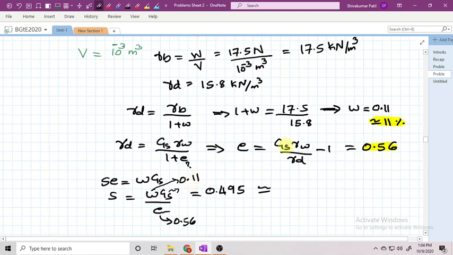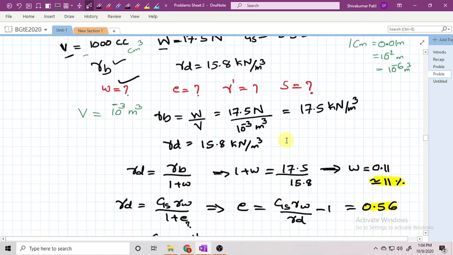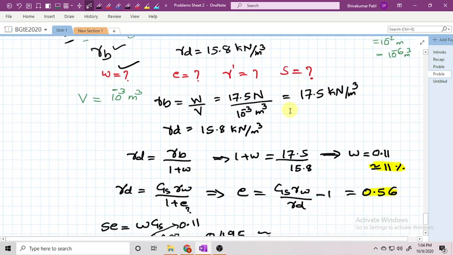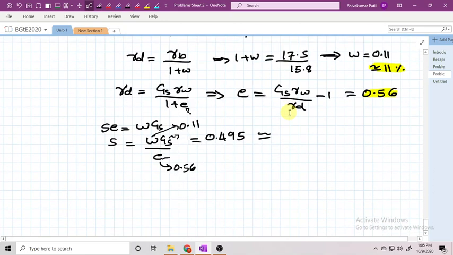Specific gravity they have given, how much? 2.52. If you substitute everything, you will get degree of saturation 0.495. That means 49.5%.